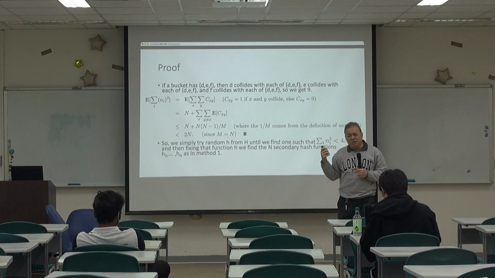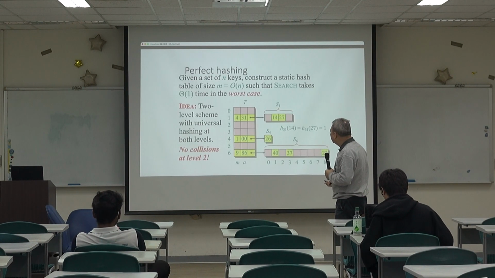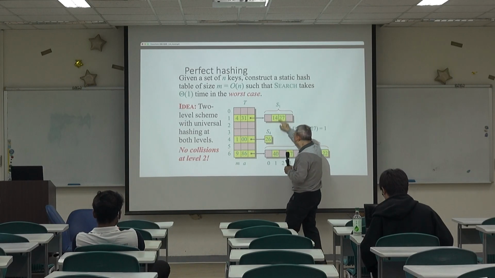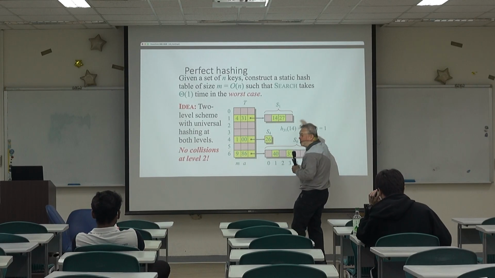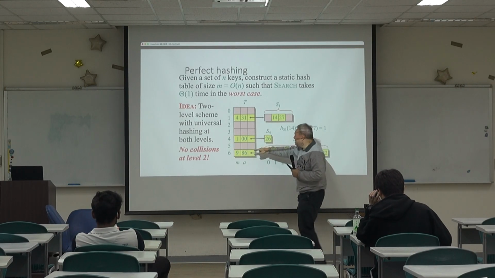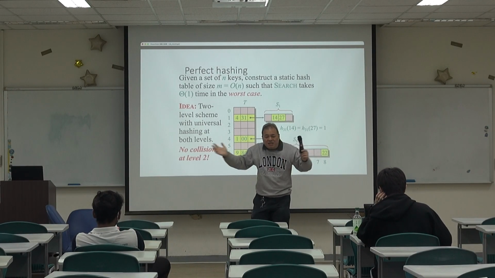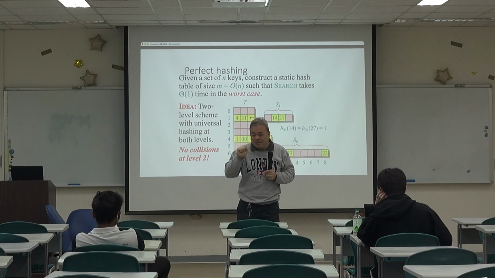So once this is satisfied, it means the sum of n_i squared is bounded by 4n, right? And this one is n, right? So the total size of your hash table is bounded by 5n, right?